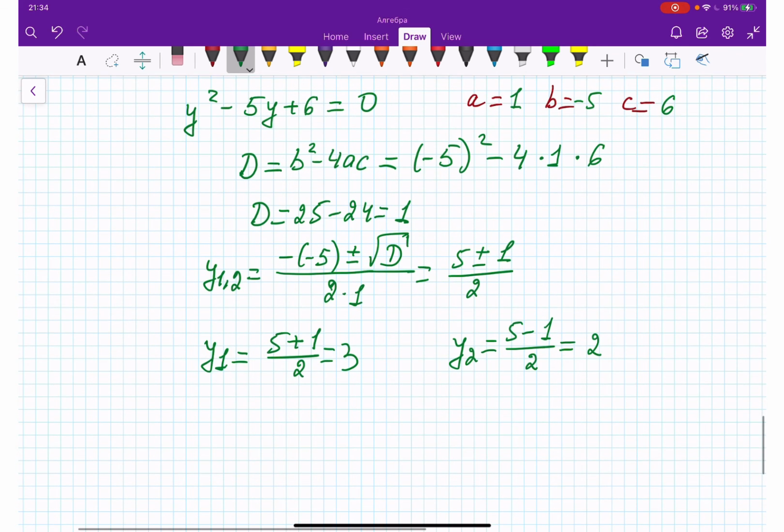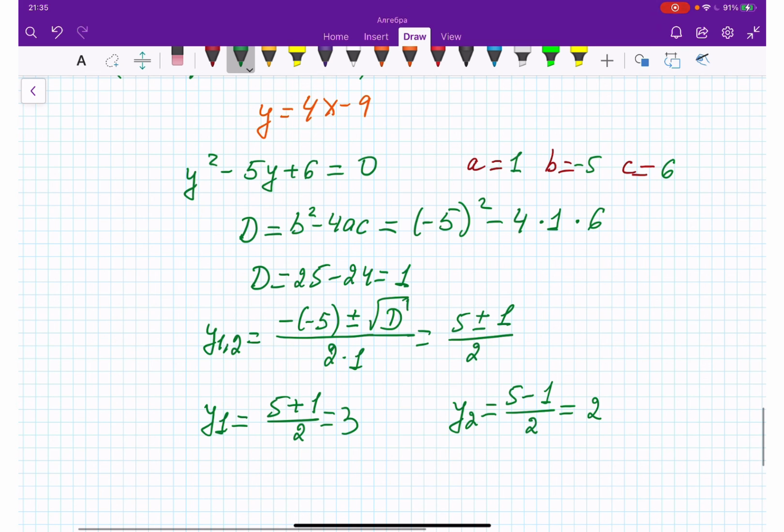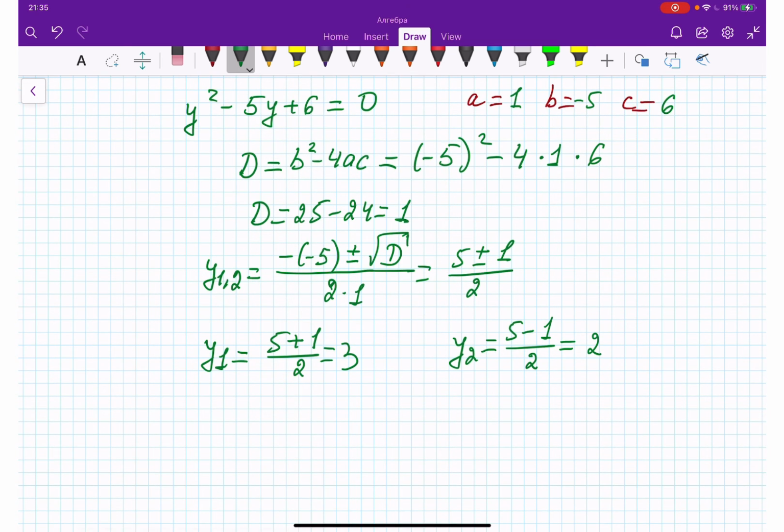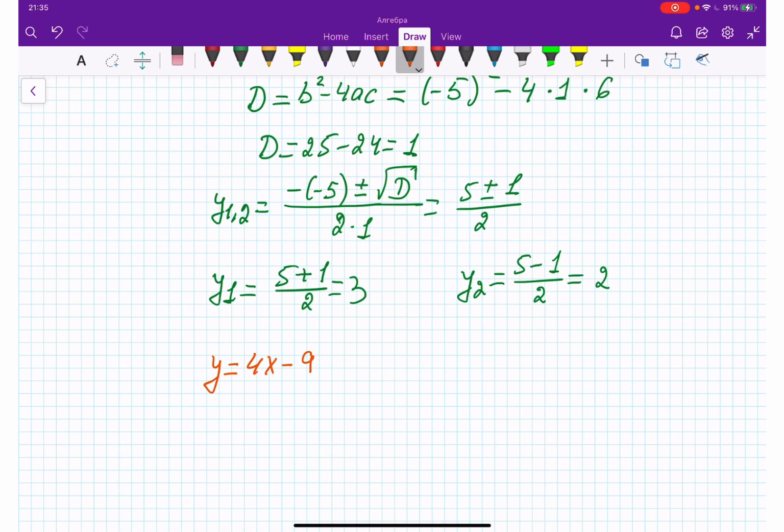Okay, now let's go back to 4x minus 9. So y is equal to 4x minus 9. Plugging in, 3 is equal to 4x minus 9.